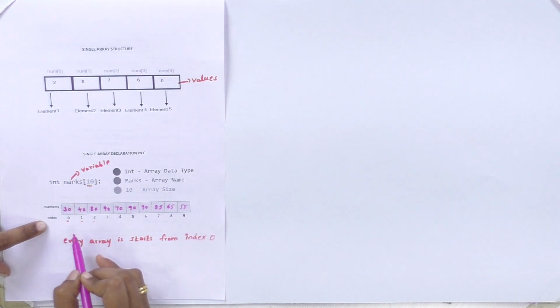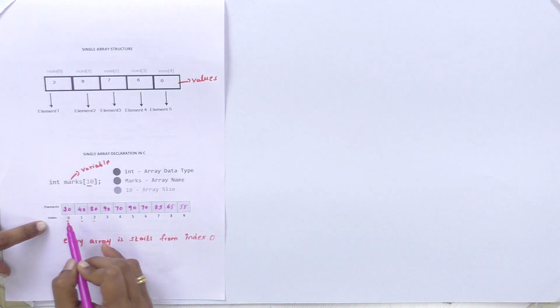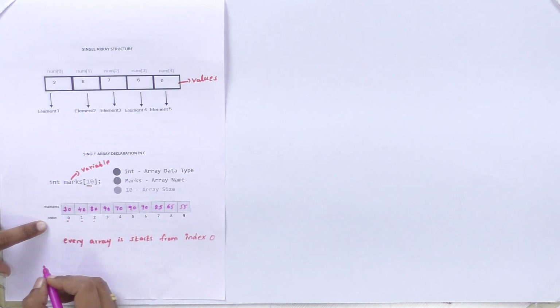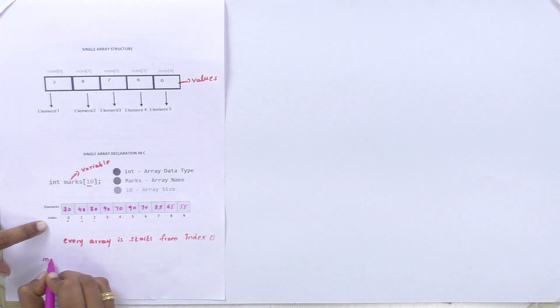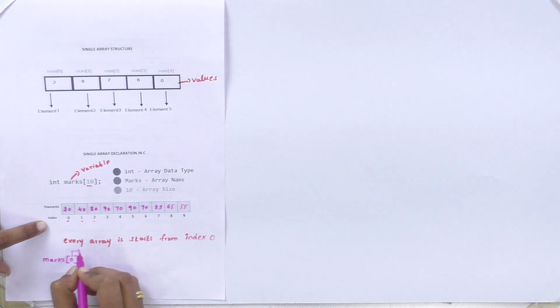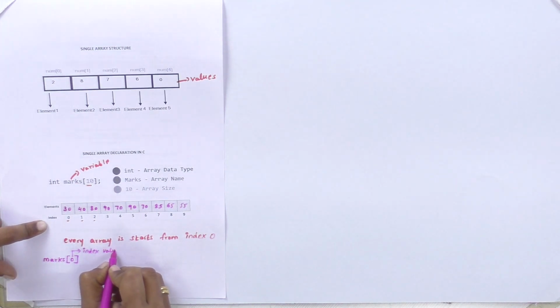If you want to access a particular value, you use the index of the array. If you want to access the element 30, you have to use the variable name marks, then mention the index. This is the index value or point.